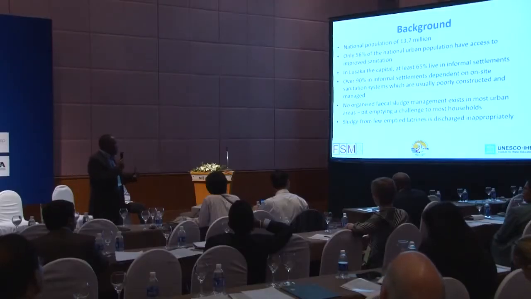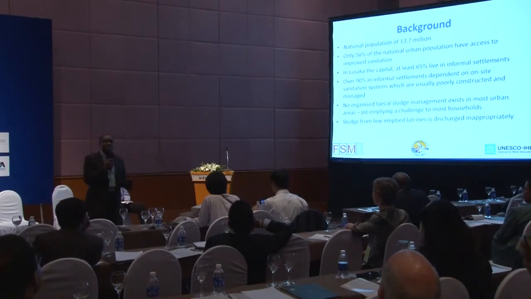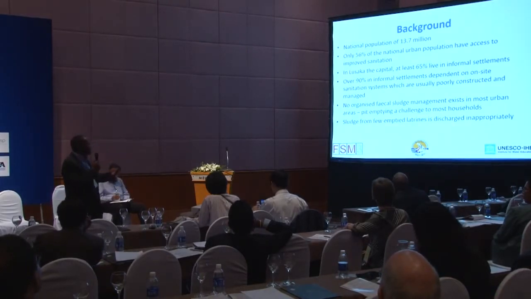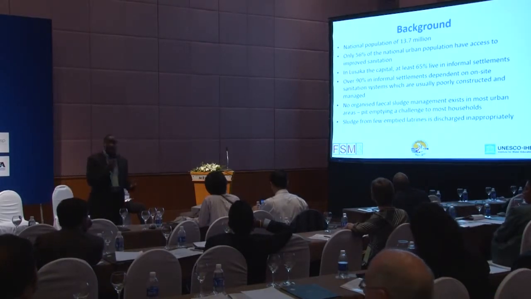And in the informal settlements, over 90% of the people living there depend on on-site sanitation systems. But unfortunately, most of these sanitation systems are poorly designed and poorly constructed and managed. And there is very little or no fecal sludge management in most of these areas.